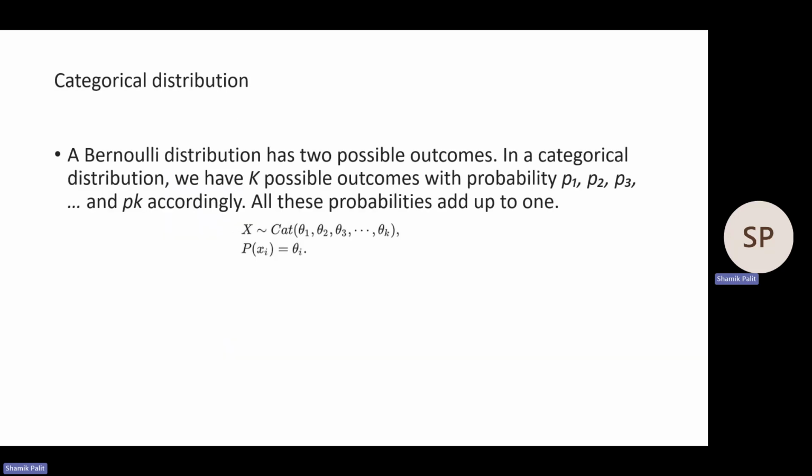The next distribution approach is where we have k possible outcomes, because in the first two approaches we make use of only two possible outcomes, either head or tail, or true or false. But in the case of categorical distribution, we depend on n or k possible outcomes with probabilities given from p1 to pk.